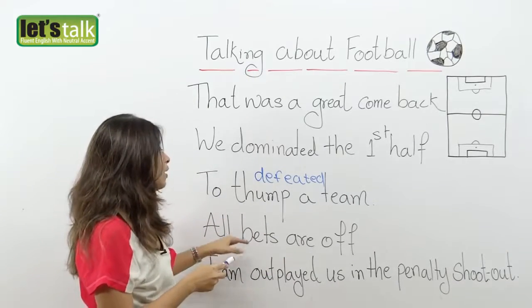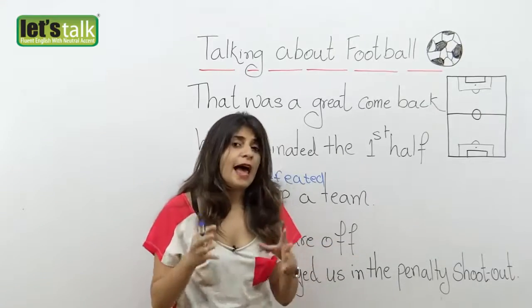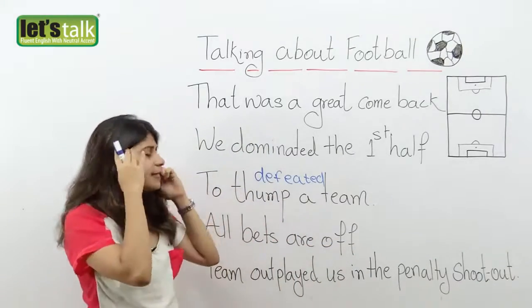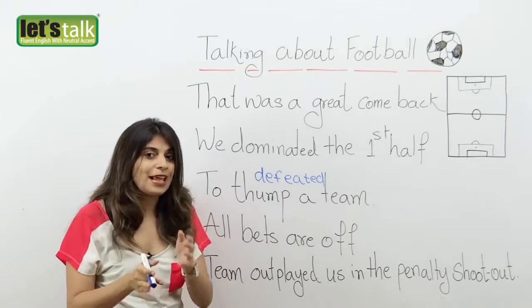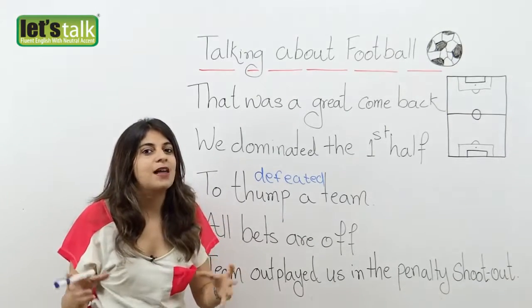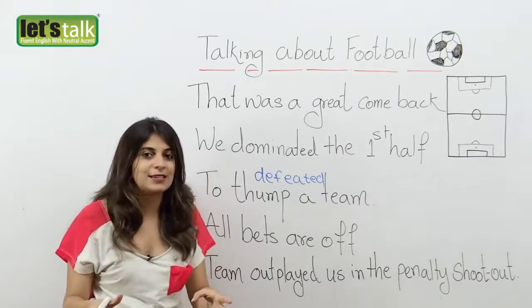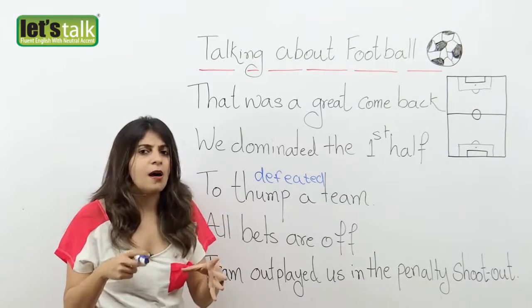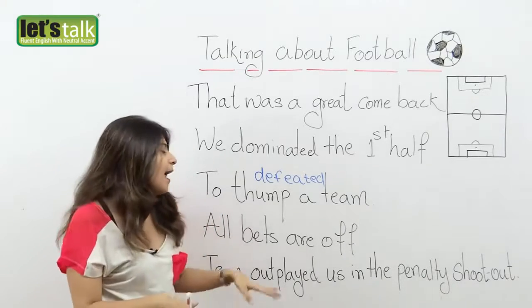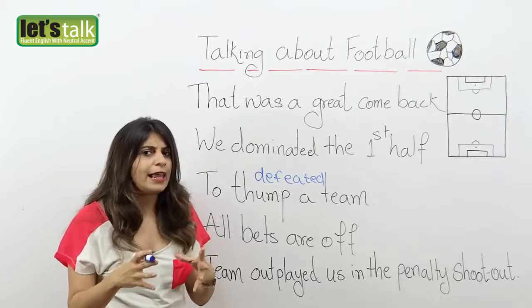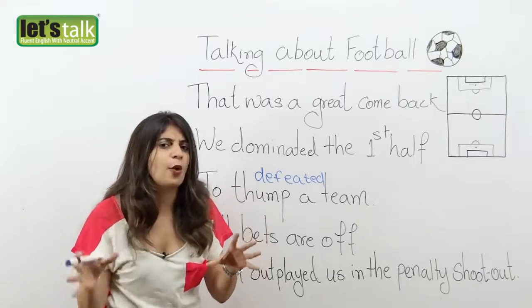Then we have all bets are off. Now, when you say, oh, all bets are off on this match, this means that both the teams are extremely great, okay? They both score great goals, okay? The team players are excellent and you really can't predict who is gonna win the match.